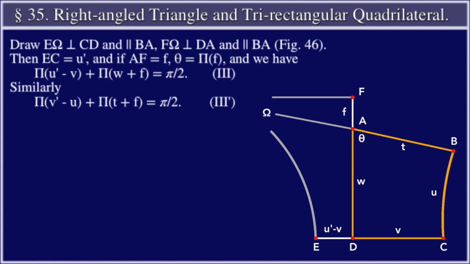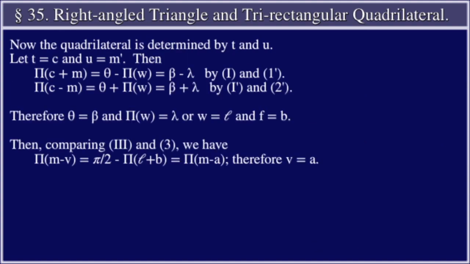Equation III prime. Now, the quadrilateral is determined by T and U. Let T equal C and U equal M prime. Then the parallel angle of C plus M is equal to θ minus the parallel angle of W, which is equal to β minus λ from equations I and 1 prime.